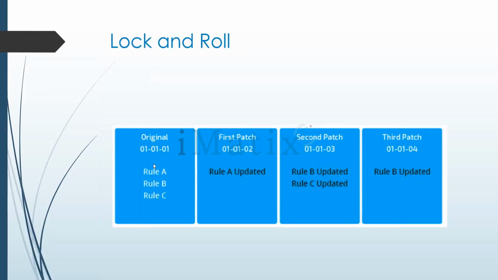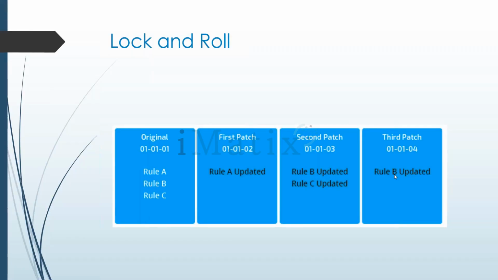I did not touch those rules. Now there is one more version coming up, 01-01-03, where I've updated Rule B and Rule C. Then on the third patch, 01-01-04, Rule B is updated again.